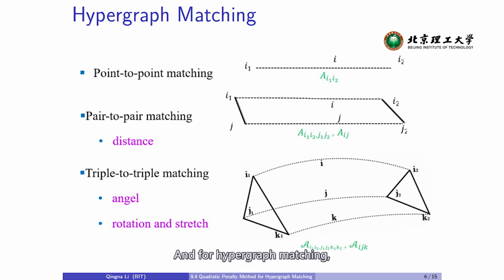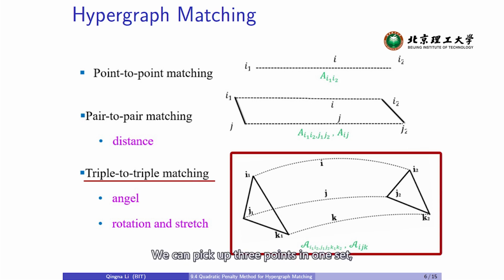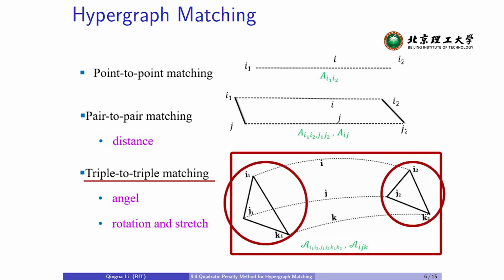For hypergraph matching, we actually have hyperedges in each set. For example, we take triple-to-triple matching as an example. We can pick up 3 points in one set, which constructs a triangle, and then we match this triangle to another triangle in the other set.